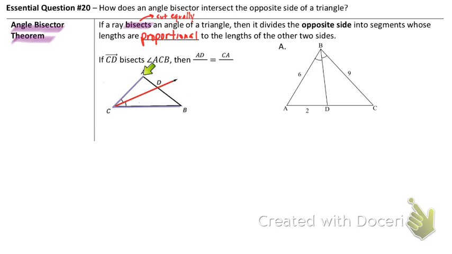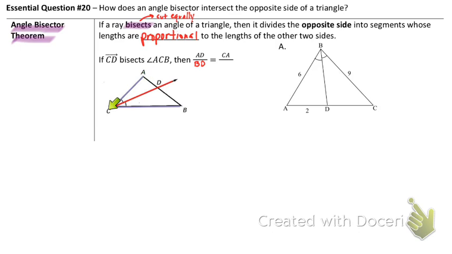We can now say that AD can be put into a ratio with BD. So this segment and this segment can now be put into a matching ratio.